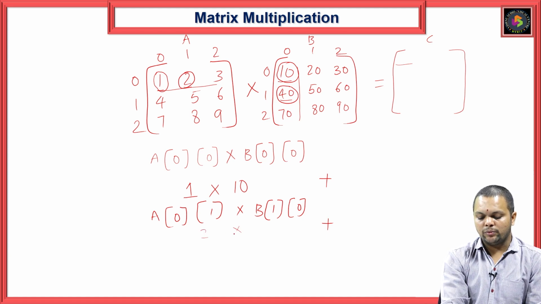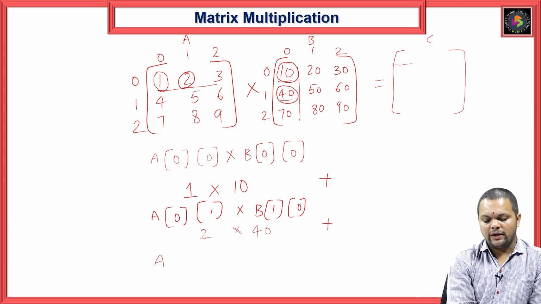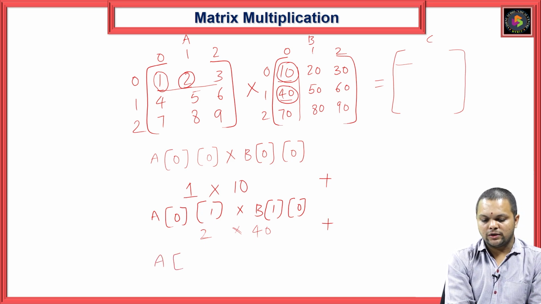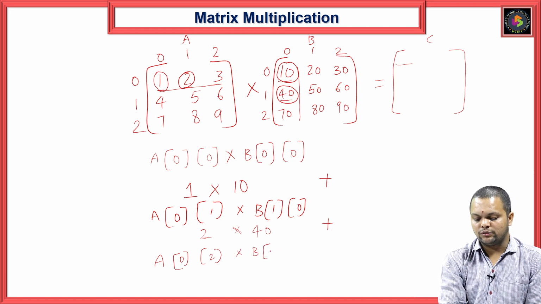That 2 is multiplied with B of 1, 0, which is nothing but 40. In the next iteration, what is the next one you have? This position, A of 0, 2, is multiplied with B of 2, 0.